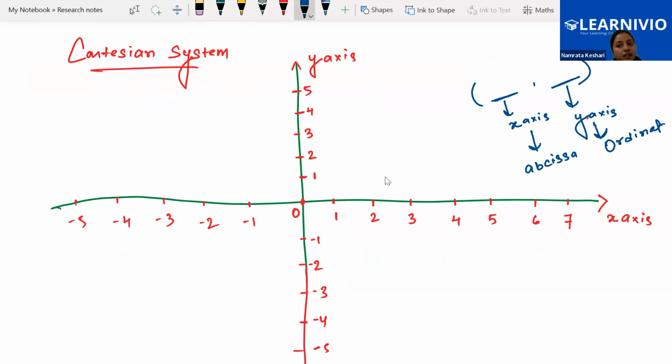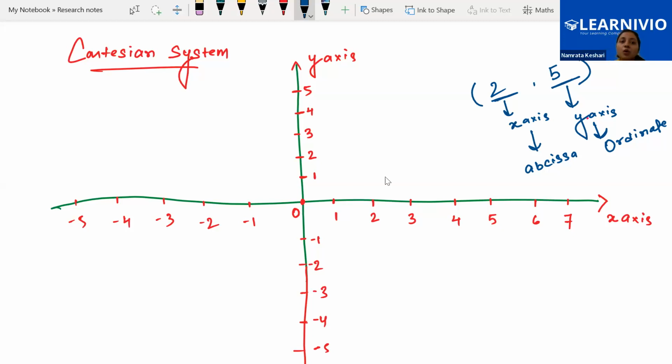Whenever it is written in a question that abscissa is 2, we need to understand that abscissa means the number on the x-axis, and that is 2. If it is written that ordinate is 5, then ordinate means y-axis, so the y-axis number is 5.